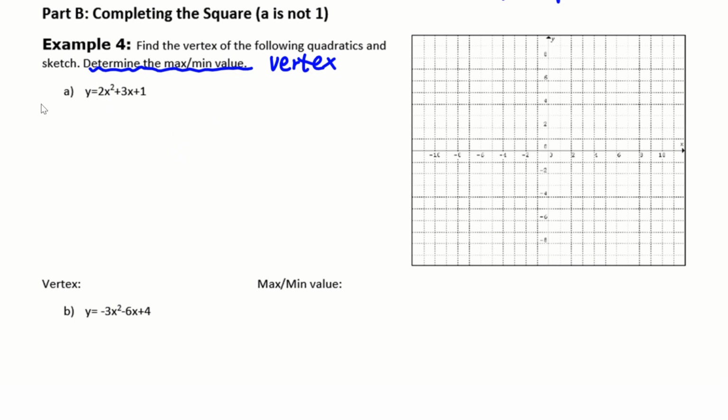Okay, for this question, it's different from when the a value is 1. So for such a question, we always start by taking the a value out, even if it's not a common factor. So x squared and 3 divided by 2, then x. We group the first two terms only, leave the constant out. Then after that, we could use the box method.